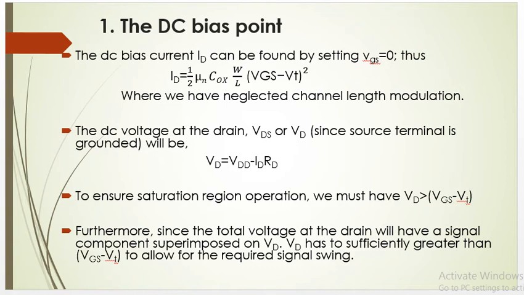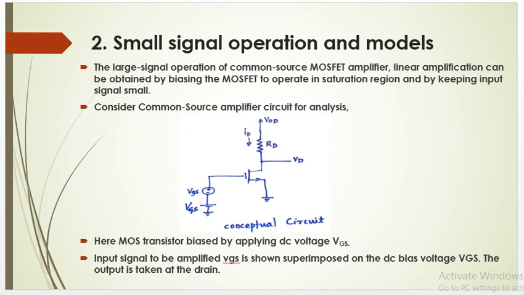We understand this DC bias point slide once again with respect to the circuit. In this circuit, you have a drain resistor RD and an NMOS transistor, and the output is collected at the drain terminal. The current flowing through RD is ID. There are two sources you can observe here.